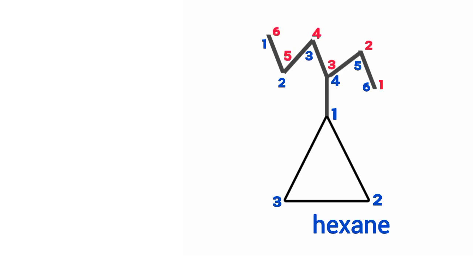Numbering from the left to the right, we have the substituent on carbon 4. Numbering from the right to the left, we have the substituent on carbon 3. Since 3 is less than 4, numbering from the right to the left would give this substituent the lowest possible number. So we number from the right to the left.